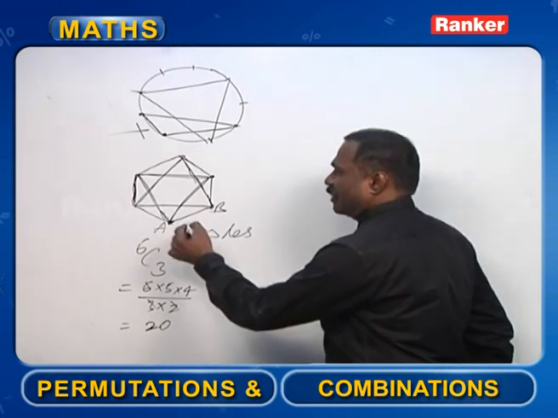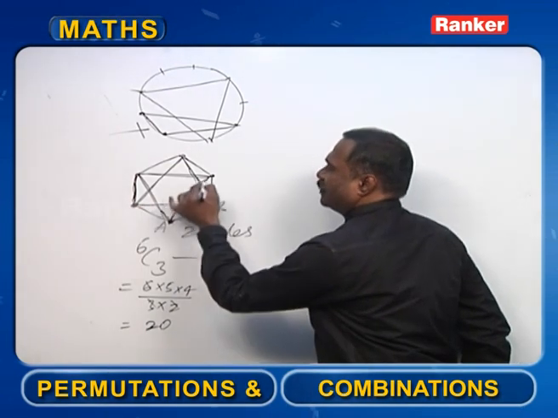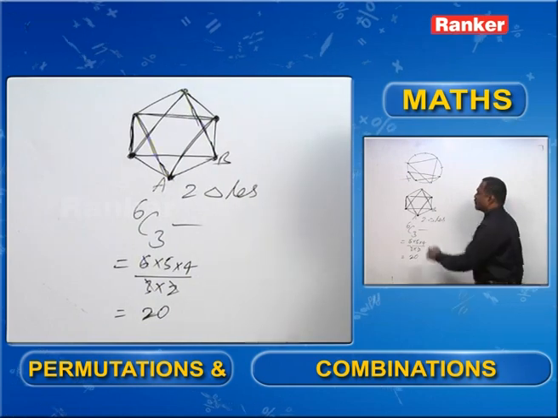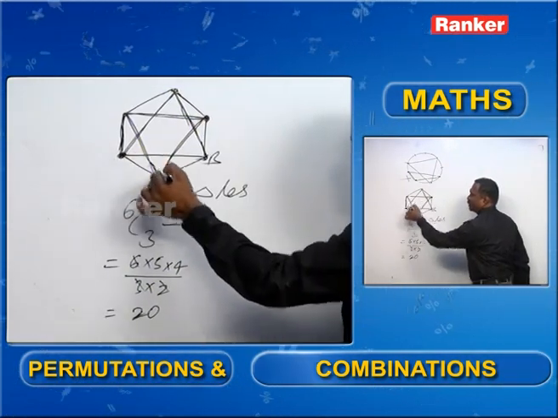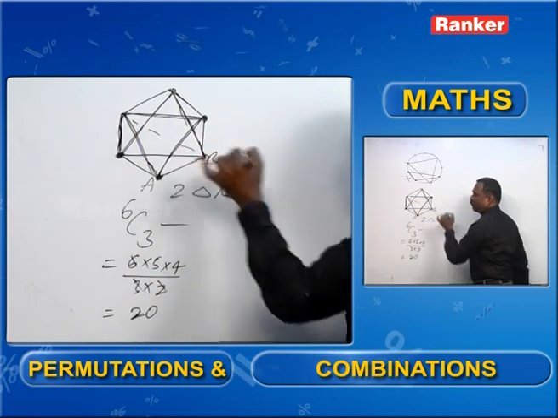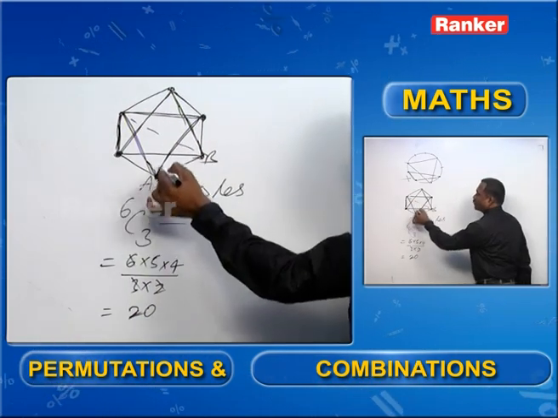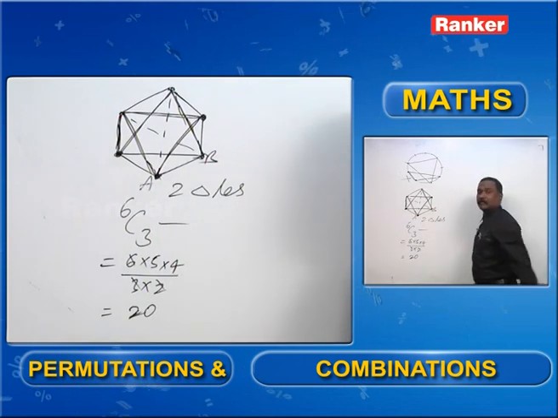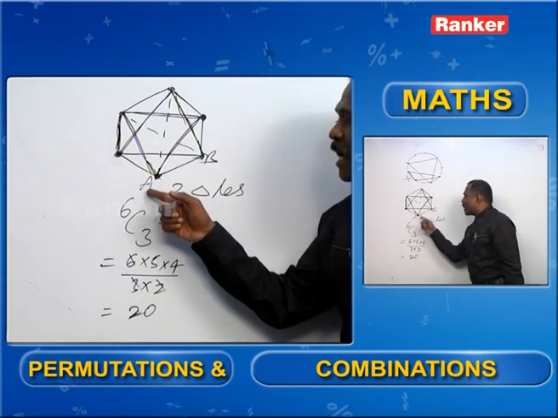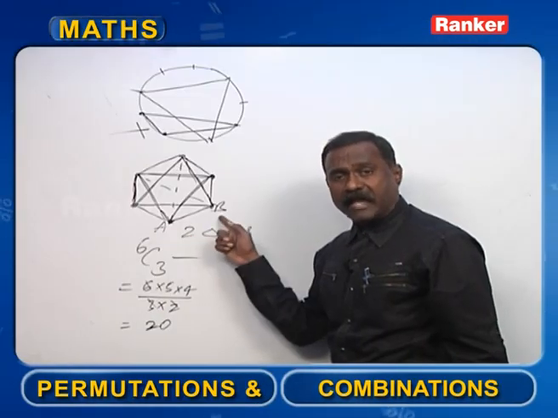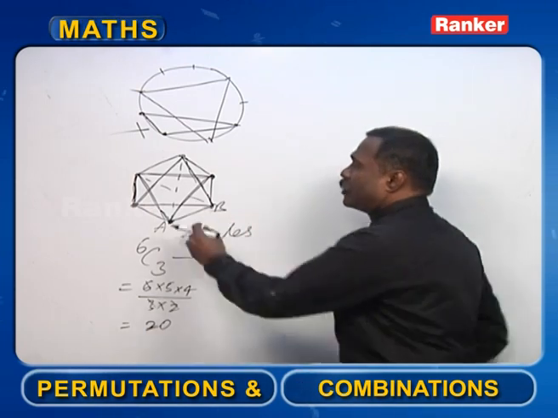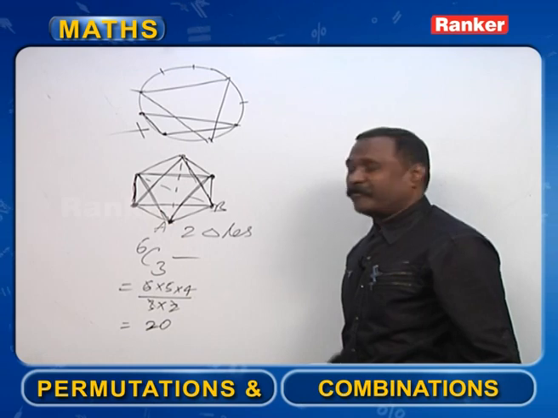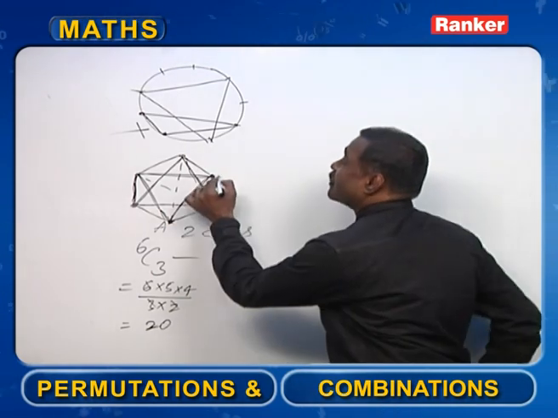That means you must not take these two, this is not taken, this is not taken. But this can be taken like this. This is one triangle. And this is another triangle. So understand, with AB as side, how many triangles can be formed? Here 2 triangles can be formed with AB as side. So how many such sides are there?